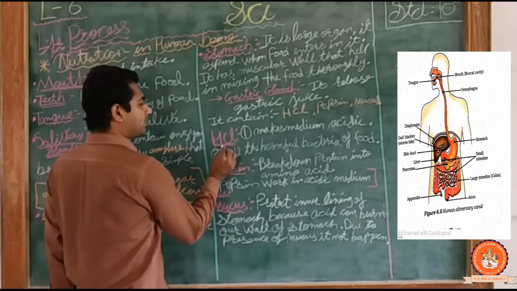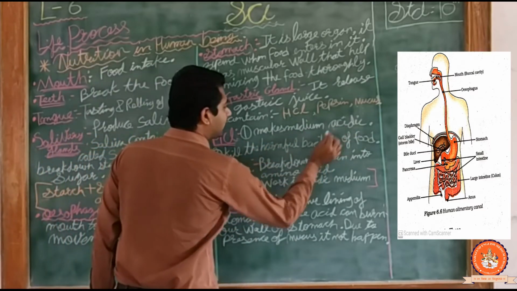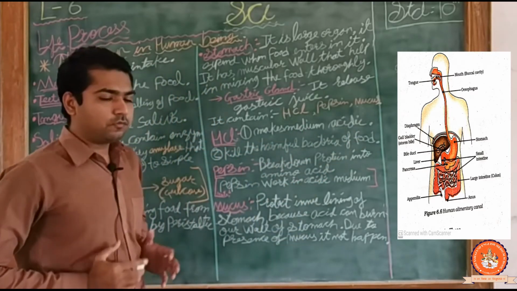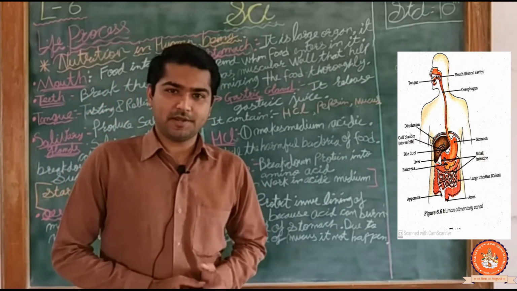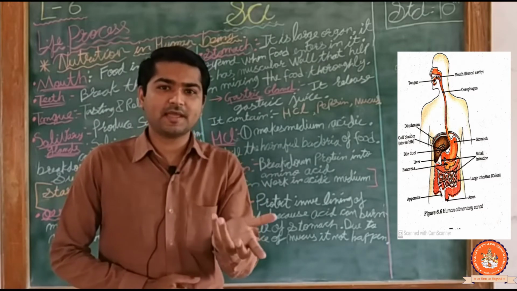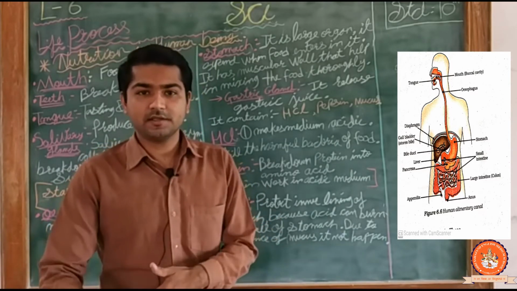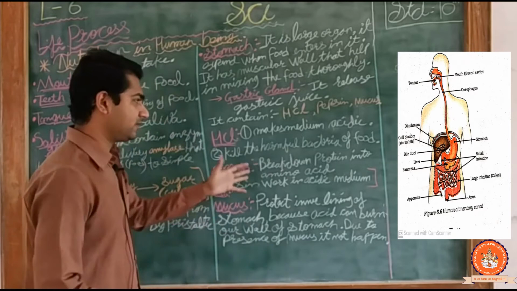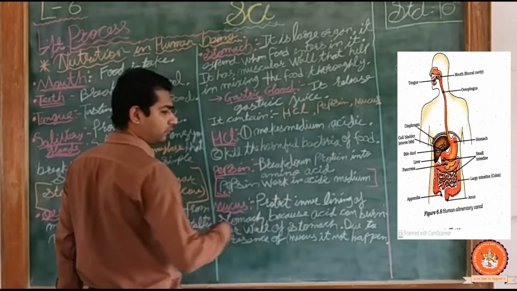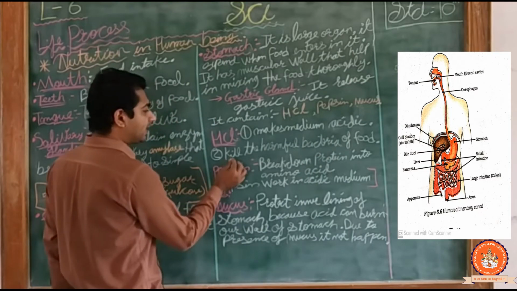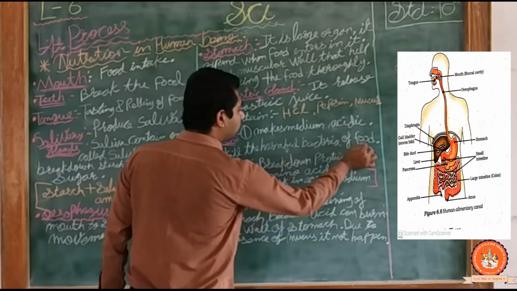So HCl makes the medium acidic. Now medium means the food which is in your stomach, that it makes an acidic medium. Why does it make an acidic medium? That you will understand after this point. So HCl makes the medium acidic, the food which is inside your stomach, and kills the harmful bacteria of food.